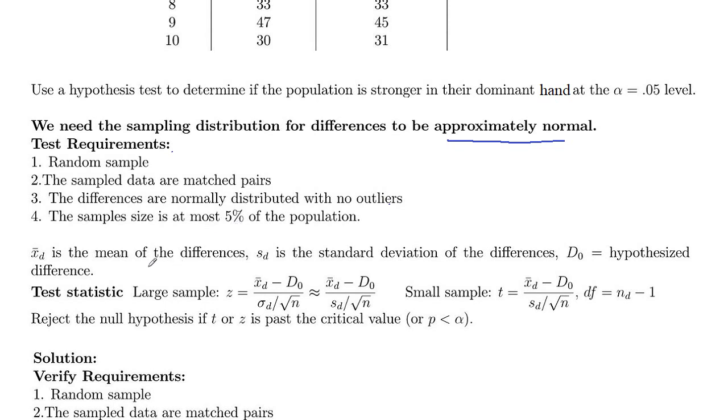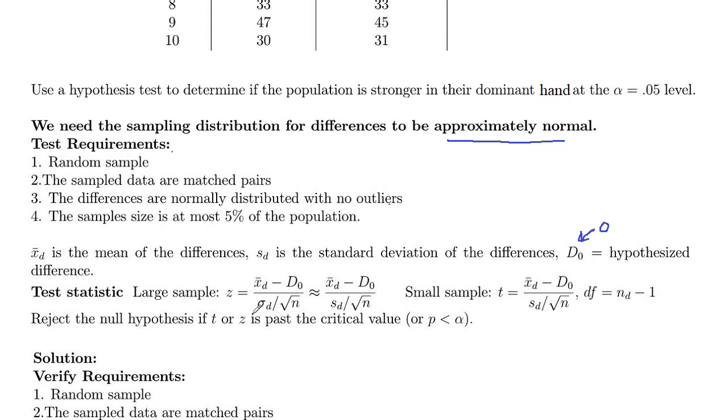If that's the case, then we calculate the mean of the differences, denoted x bar sub d, the standard deviation of the differences, denoted s sub d, and d0 is going to be our hypothesized difference, usually 0.